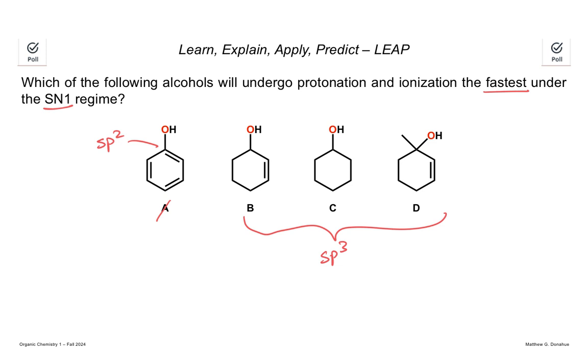So now the next thing I would say is classify what type of alcohol it is. And for alcohols, you're looking at the carbon bonded to the OH. So B is secondary, C is secondary, and then D is tertiary.